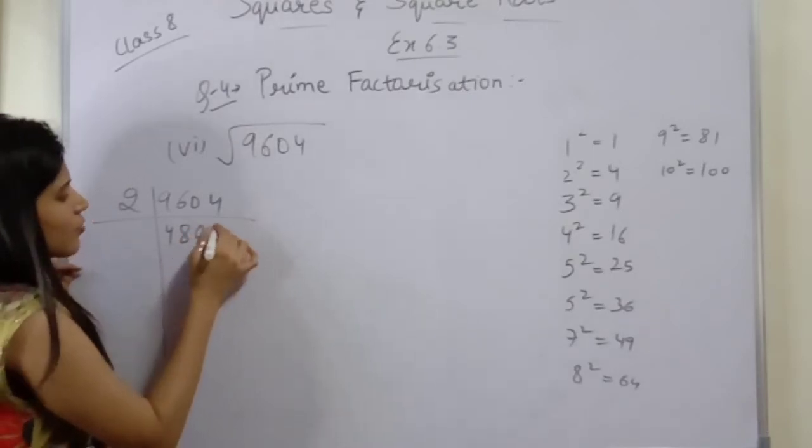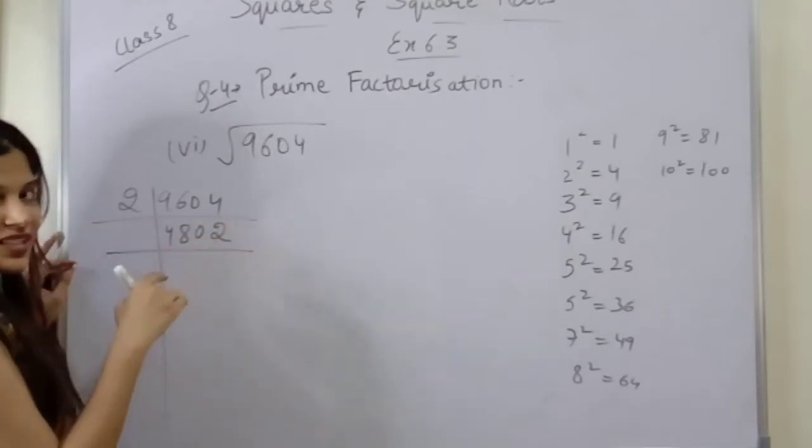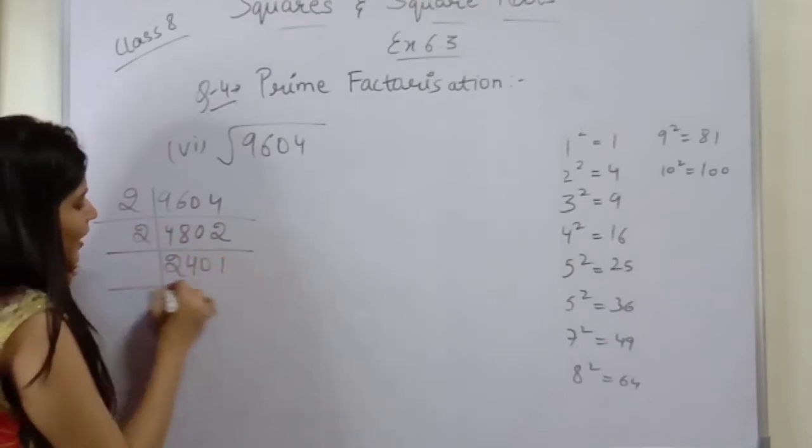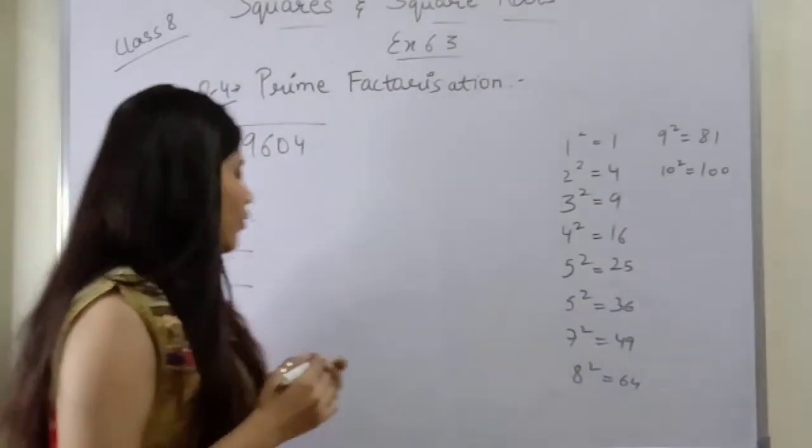Okay, 0 as it is. 2 2s are 4. Again, this number is a multiple of 2. 2 2s are 4. 2 4s are 8. 2 1s are 2. Now, 2401.